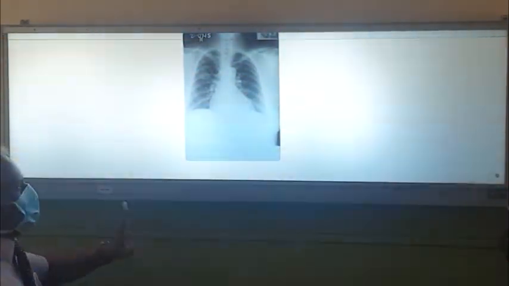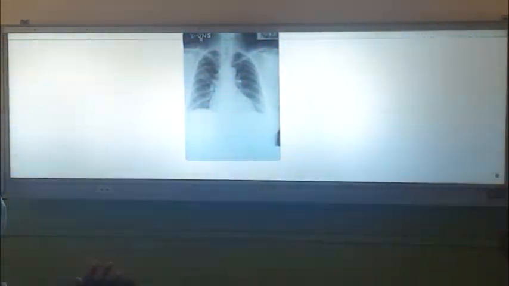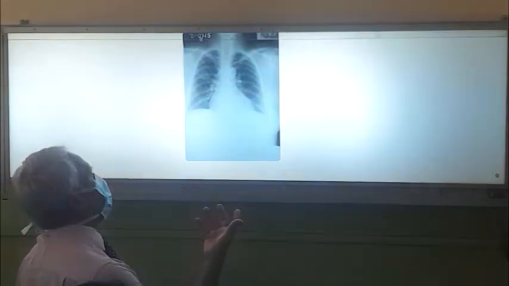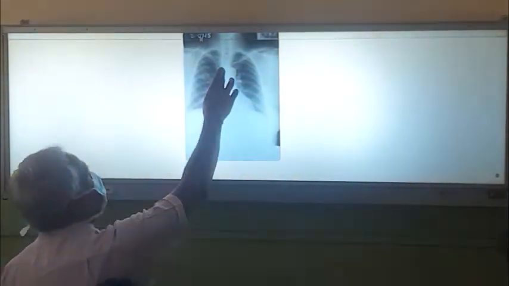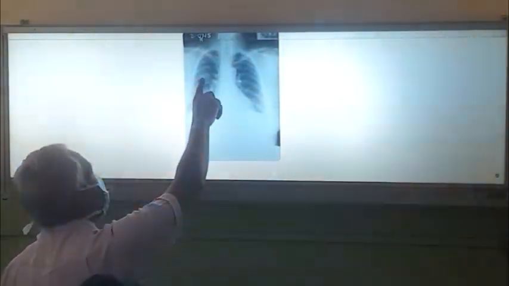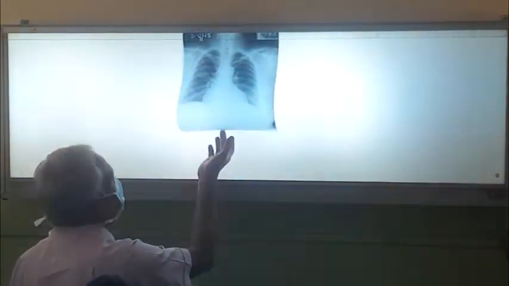What happens here is we give the same dose of radiation to get the X-ray. When the patient is very big with a thick chest wall and all, that becomes underexposed. So the radiation is not enough, right? To confirm that, you can do a lateral decubitus here.